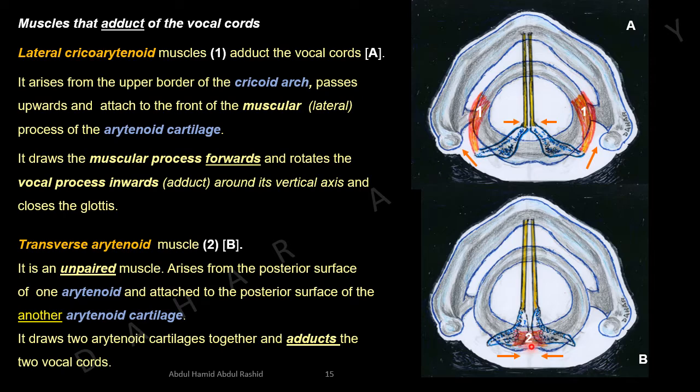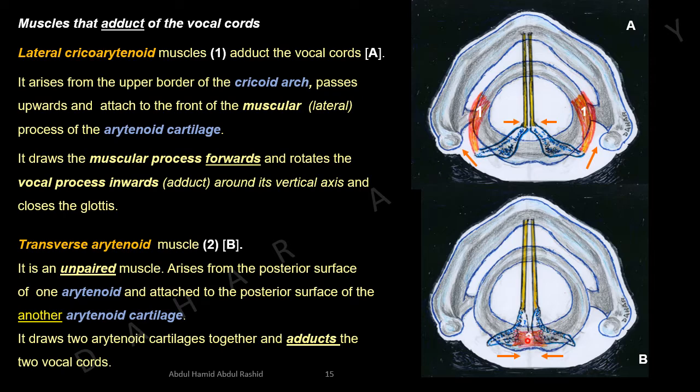This is the only unpaired muscle among the intrinsic muscles of the larynx. This muscle is attached to the posterior surface of one arytenoid cartilage, to the posterior surface of the other arytenoid cartilage.